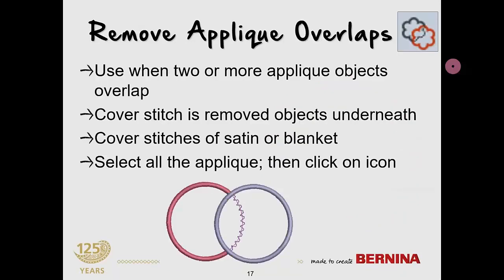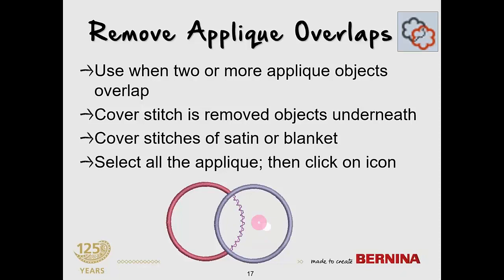Remove applique overlaps is found in the edit toolbox, and you'll use this when you're using two or more applique objects that overlap. And here the cover stitch is going to be removed from any objects that are underneath an applique that's on top. So cover stitches, whether they're satin or blanket, will disappear after you remove these overlaps.